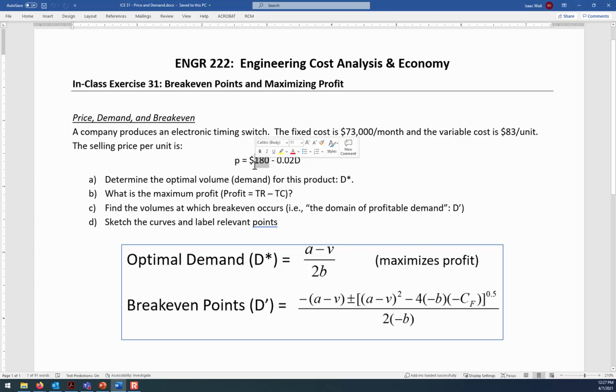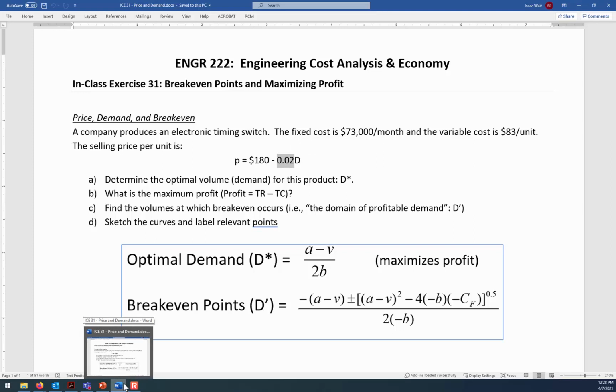That is the price that if we tried to charge people $180 for that timing switch, no one would buy it. But if we charge even a little bit less, somebody will buy it. The demand will start going up as long as the price is below 180. So A is 180. And then lowercase b is 0.02. So b is not negative 0.02. The negative sign is in the form of the equation.